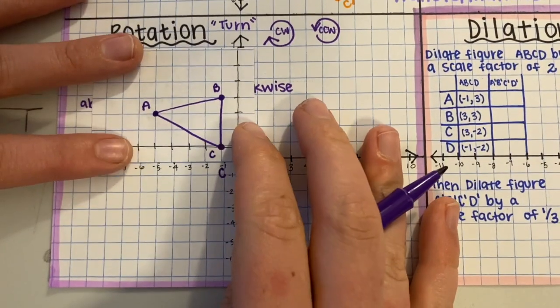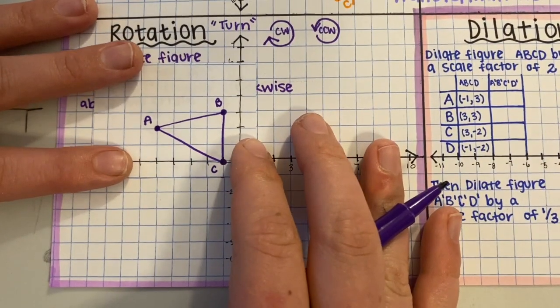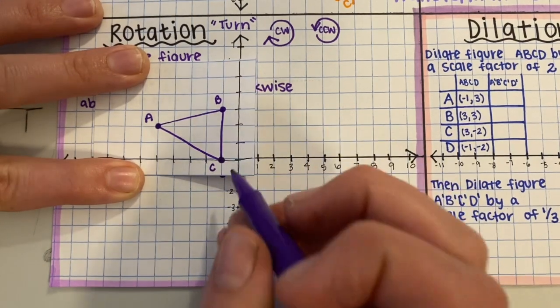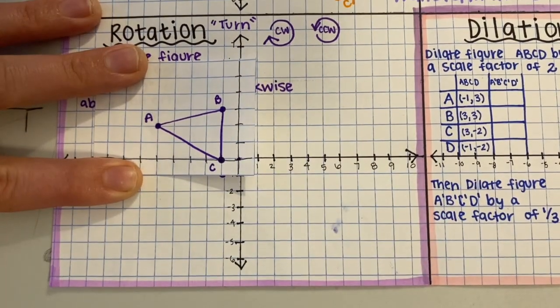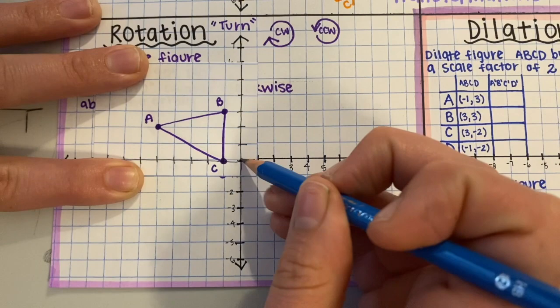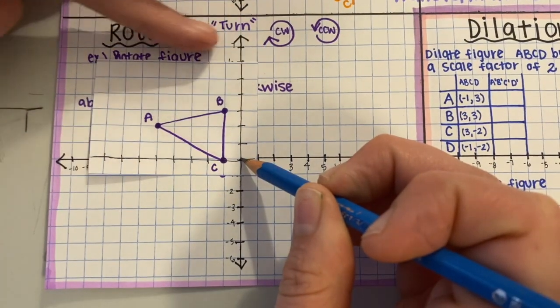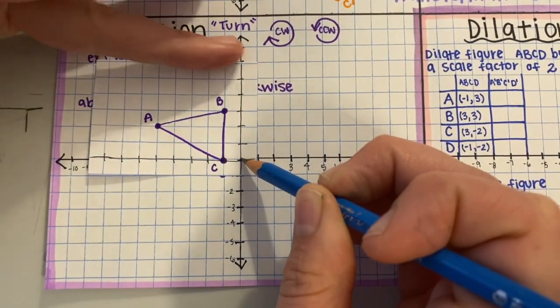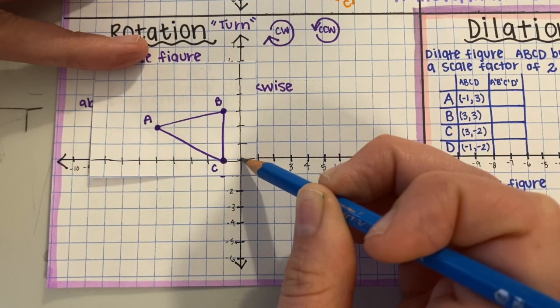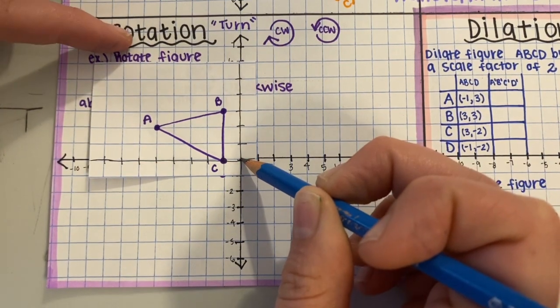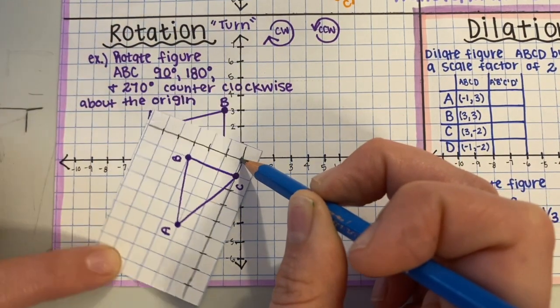So what we're going to do is start where our figure starts. We're going to put our pencil on the origin, and my paper is aligned perfectly straight up here. I'm going to turn it once.